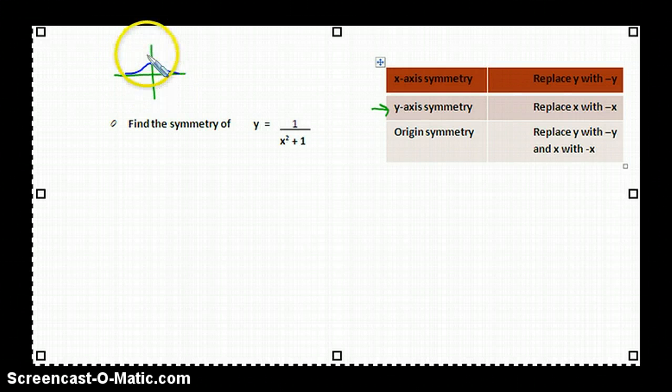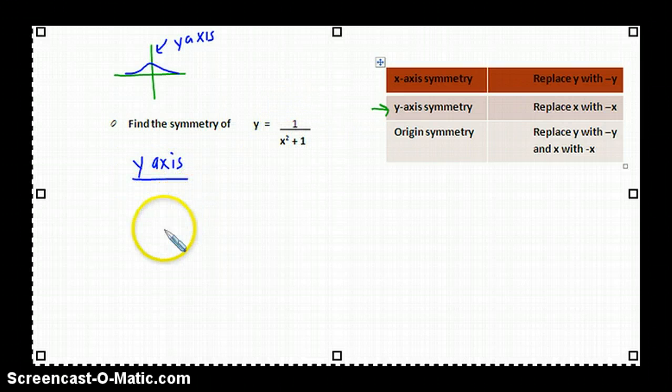So we can see that if I was to fold my graph along the y-axis here, this blue part would overlap with the other blue part on the left side here. So in other words, if we fold it along the y-axis, that's where it would be symmetrical. So I'm going to try the y-axis check. And if I can get it back to the original equation, well, then I know that that's where the symmetry is. So the y-axis check is replacing an x with a negative x.